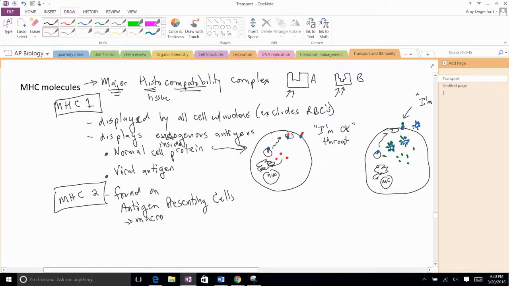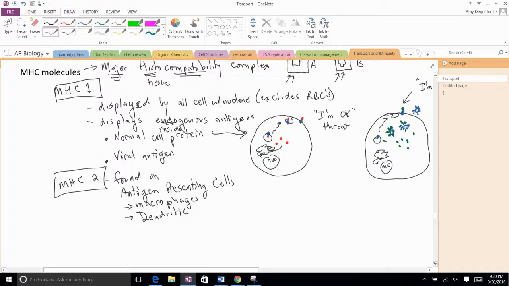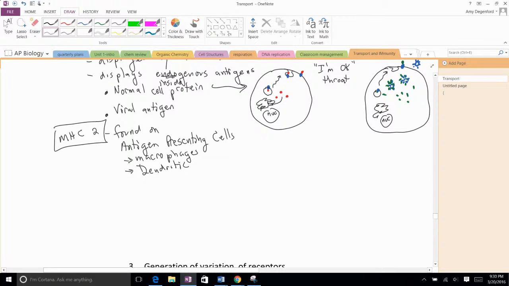They basically engulf anything that they don't recognize, macrophages and dendritic cells. And these wander around the body, and if they don't recognize you, they eat you, they consume you. We also have B cells that could be antigen-presenting cells, but their job at that point is just to help stimulate and activate other immune cells.